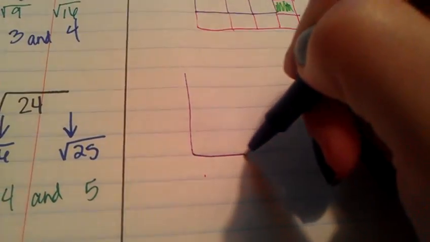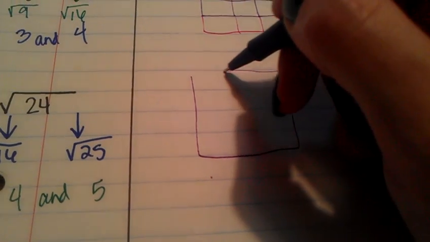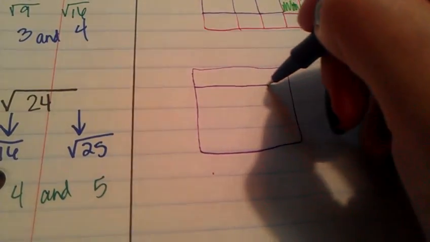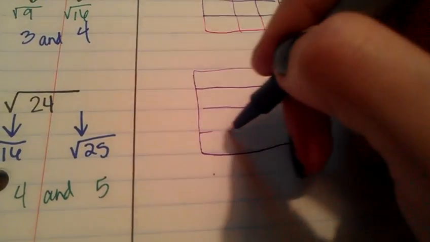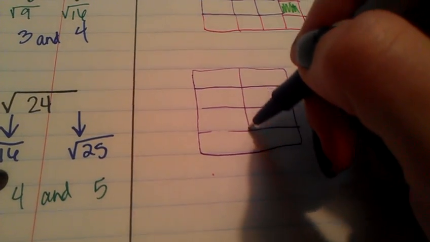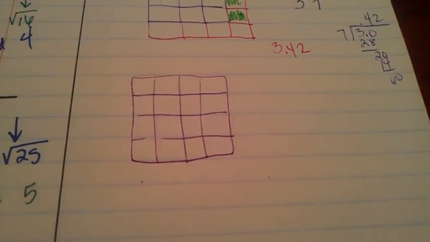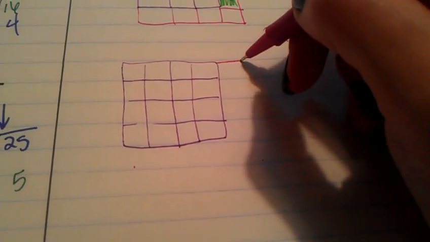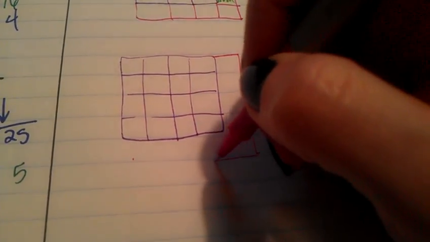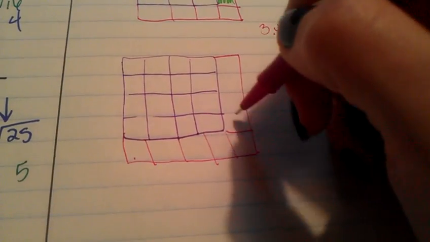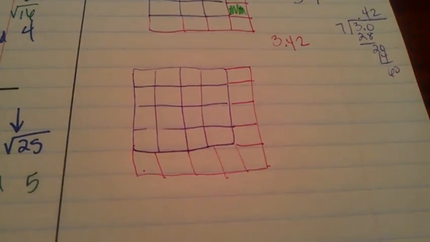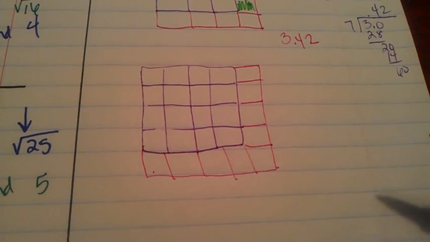So I'm going to make my perfect square a 4 by 4. Okay, there's my 4 by 4. Now I'm going to make it a 5 by 5. Okay, so there's my 4 by 4 into a 5 by 5.